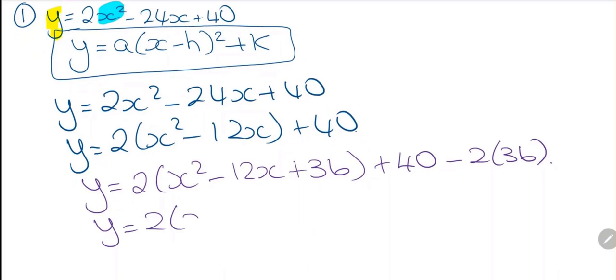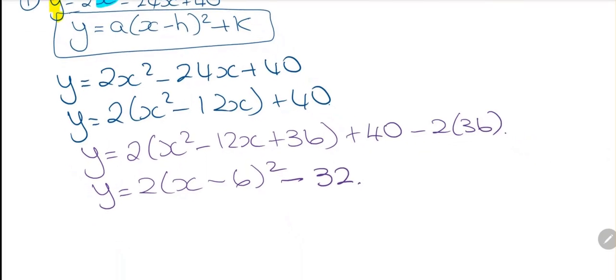So I'm going to rewrite this now as 2(x minus 6) squared. And then this is 40 minus 72. So this is going to be minus 32.